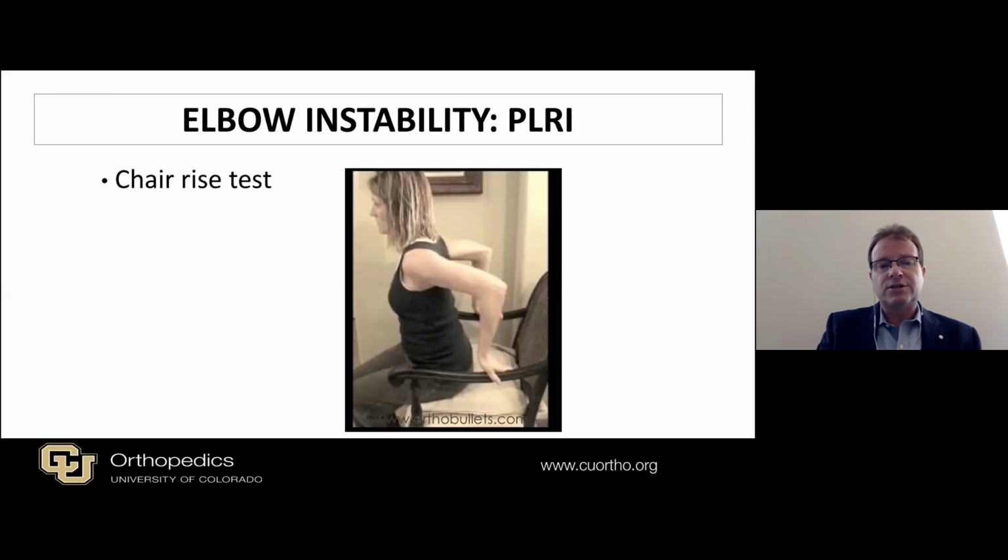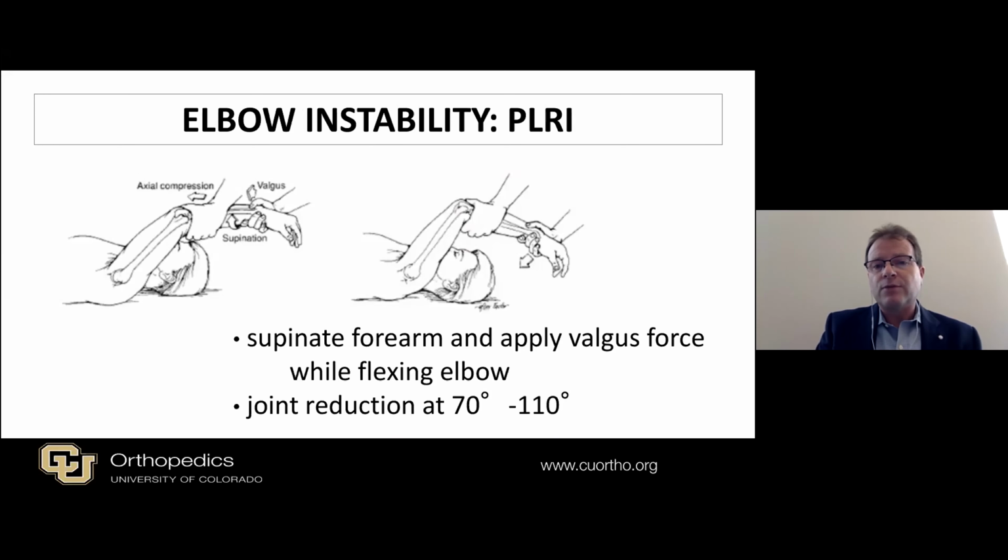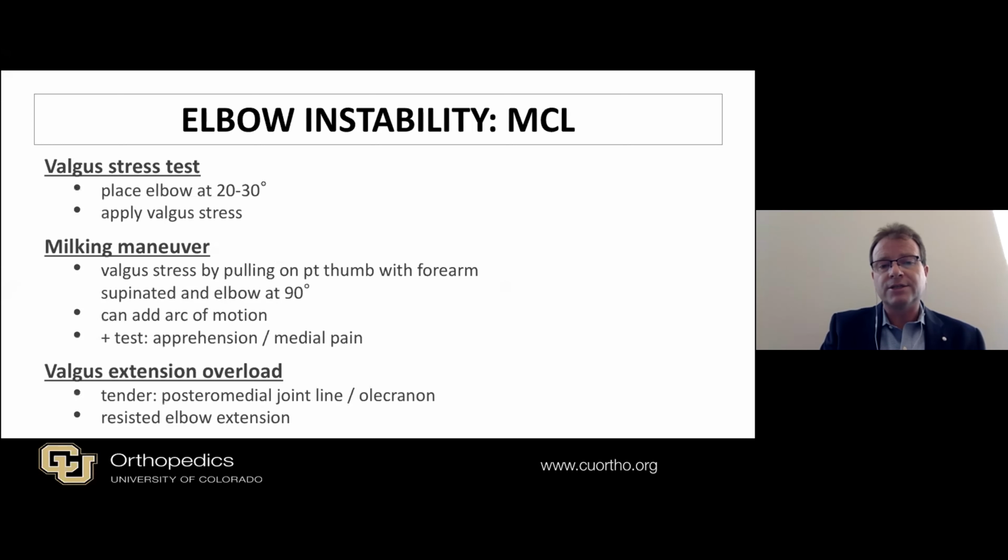They usually tell us a story where they don't like to push off, such as a chair raise test, and they really don't like to undergo some of these stress tests with the forearm, applying a valgus force while flexing the elbow. And the joint actually reduces at 70 to 110 degrees for this subtle posterolateral rotational instability. And so this is often a test that's done sometimes under a block or under a regional or general anesthesia.